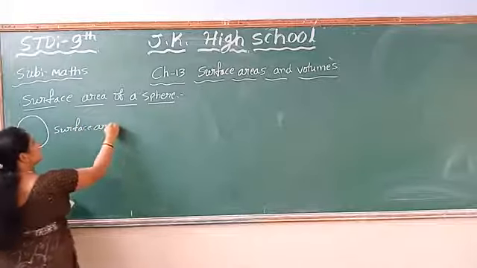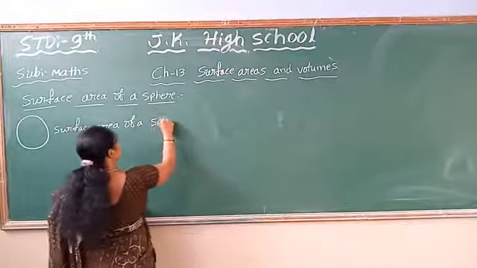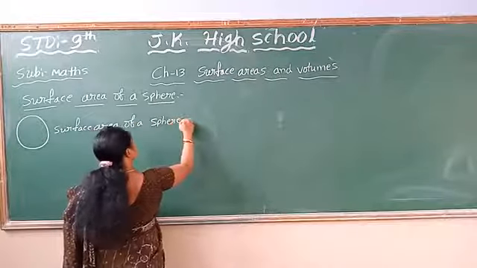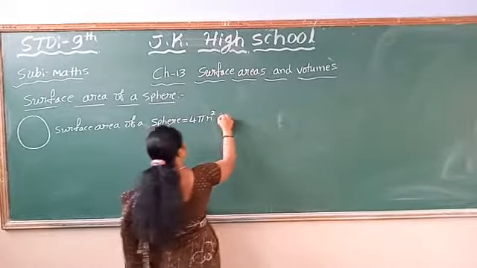Surface area of a sphere formula is 4 pi r square.